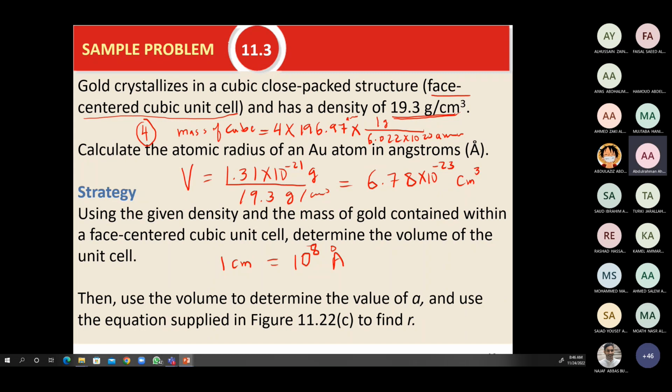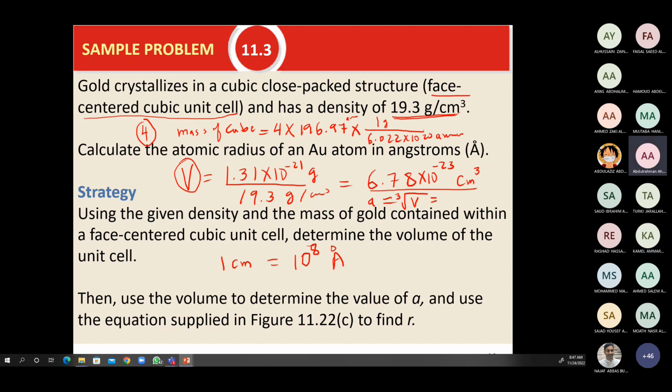Or let me make things easier. Before we go to this, can you find what A is in centimeter? This is the volume. Now, can you find A? It's the cubic root of volume.